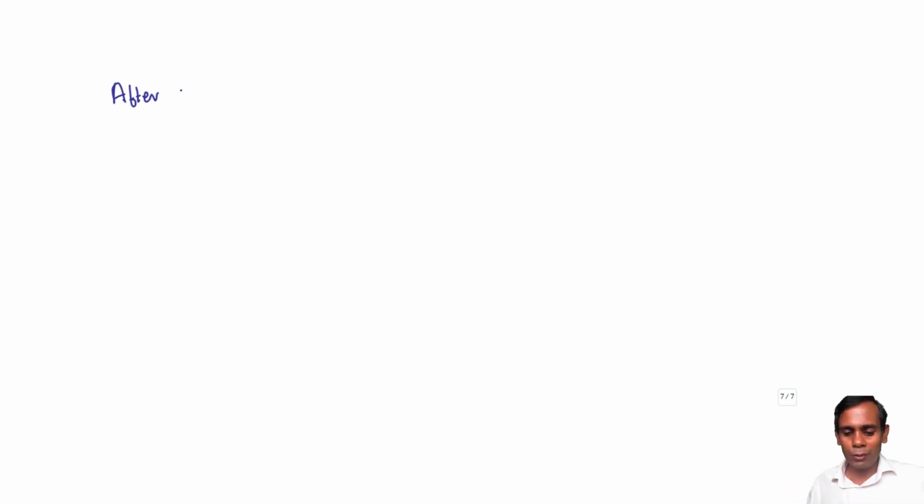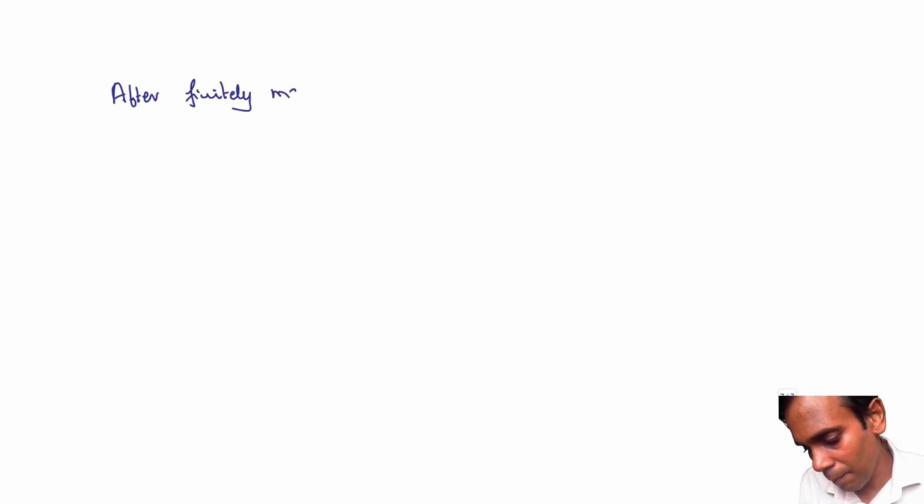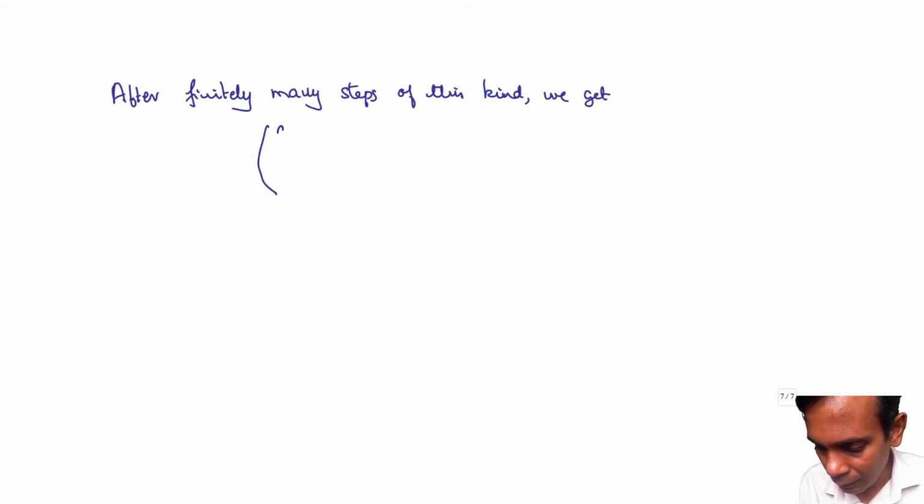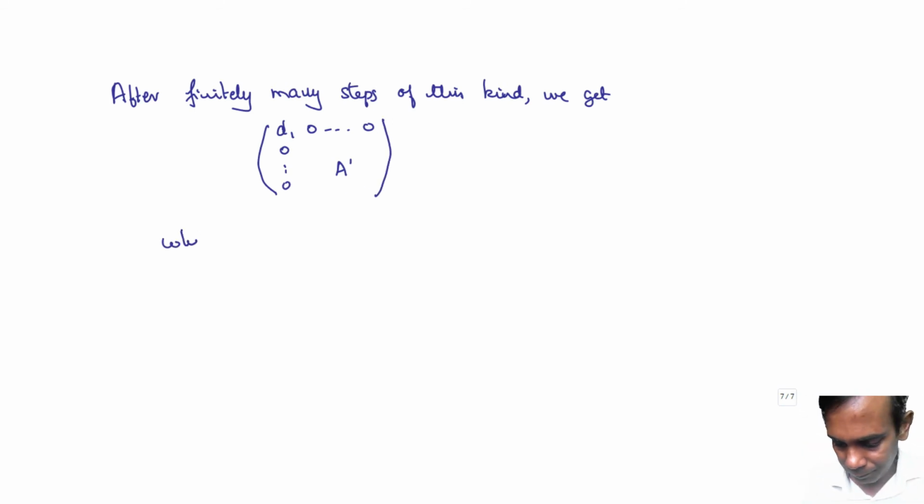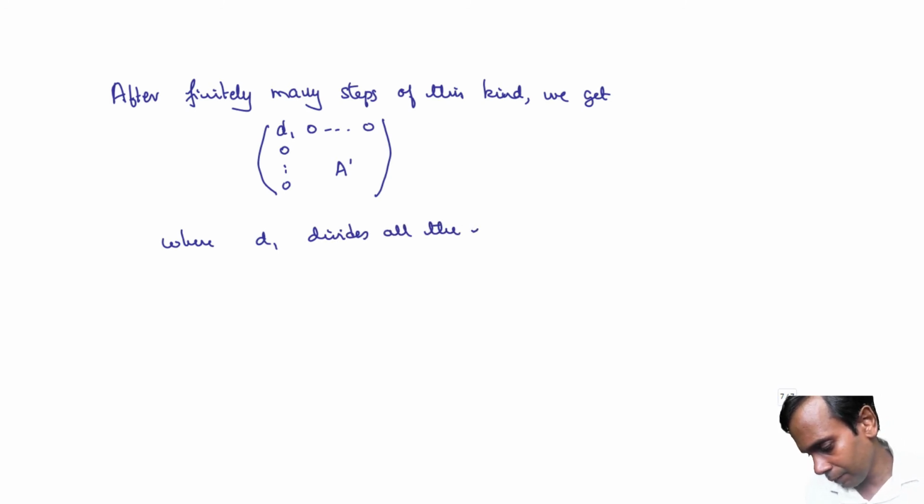But this whole big process we keep repeating, and after finitely many steps of this kind, we get a matrix of the form d1, a prime, 0, 0, 0, 0, 0, 0, where d1 divides all the entries of a prime.